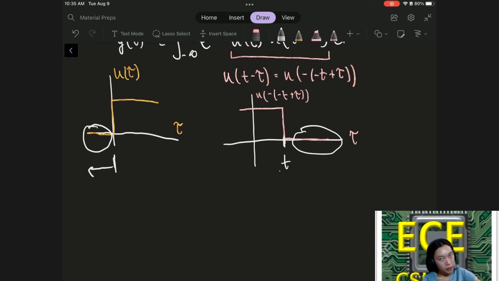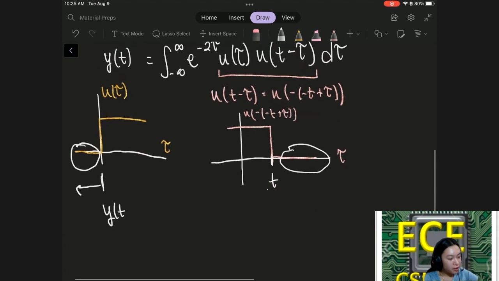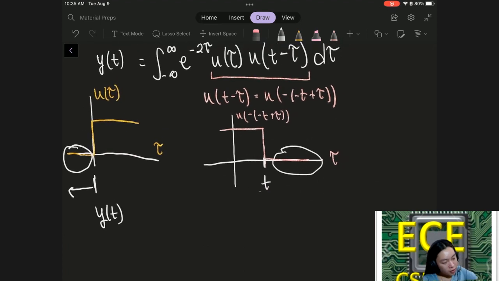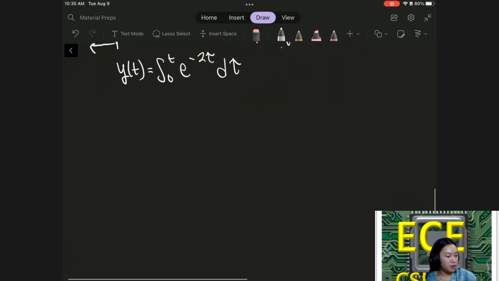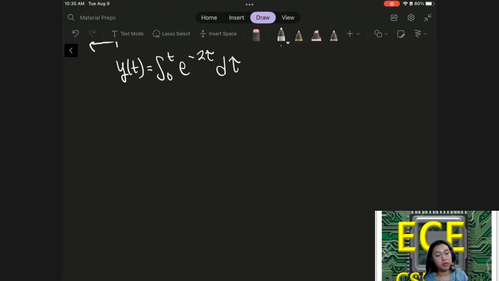So y of t equals the integral from 0 to t of e to the minus 2 tau d tau. Your integral simplifies to this, which is a lot easier to solve.